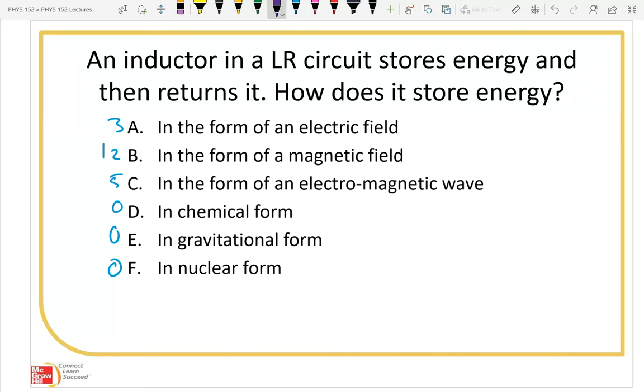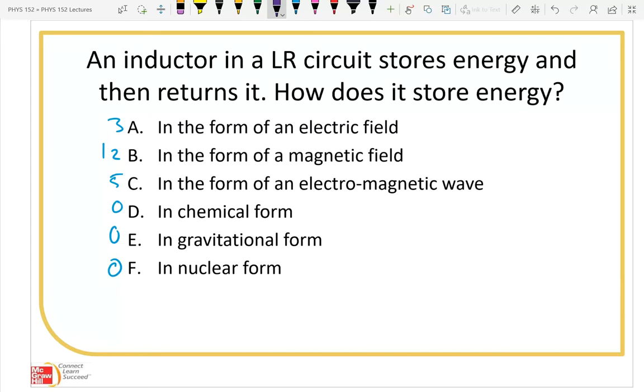I just remembered us talking about electromagnetic waves, so I chose C. You're sure that the majority is right? Yeah. Now, it turns out that the majority is right, but that's not a good way to judge. You know, the majority of people say that Christianity is the wrong religion. Doesn't mean that we give it up because that's what the majority says.